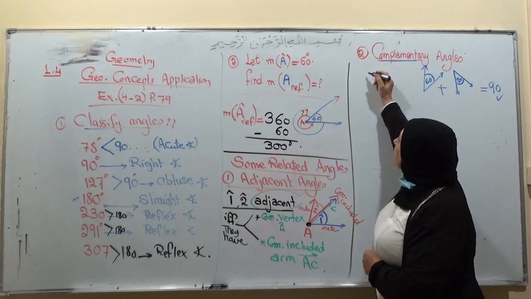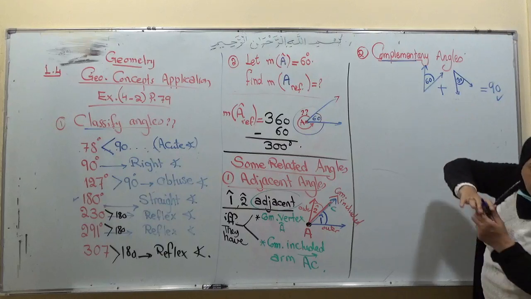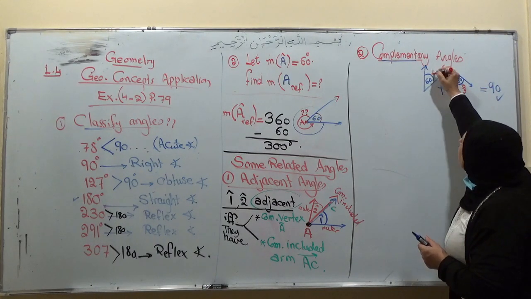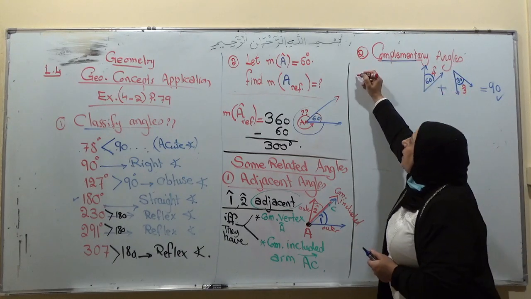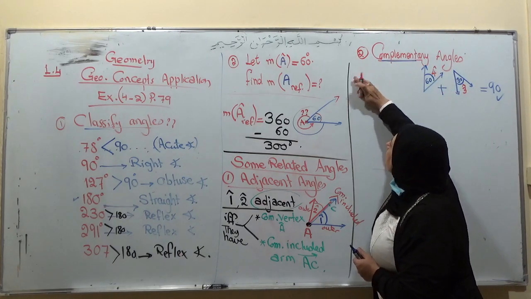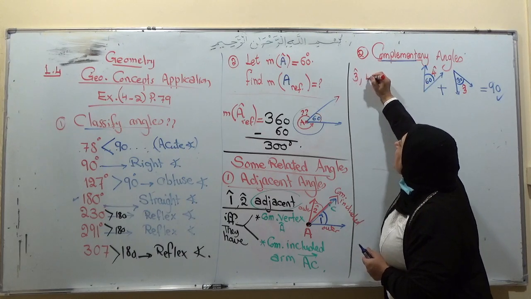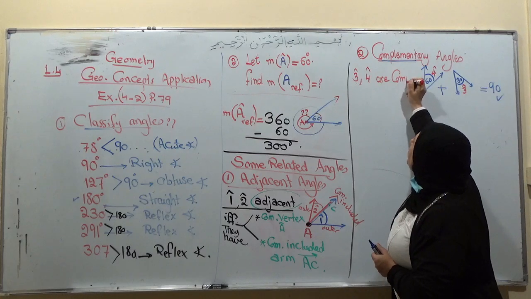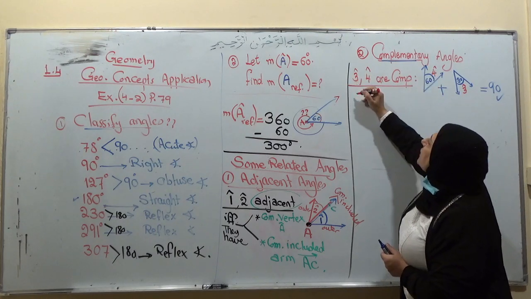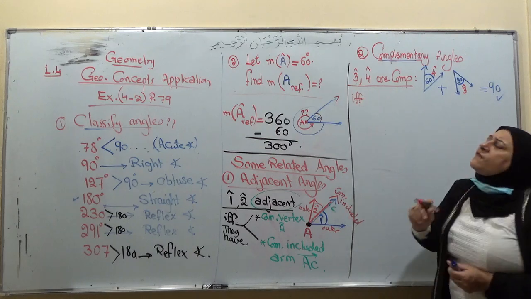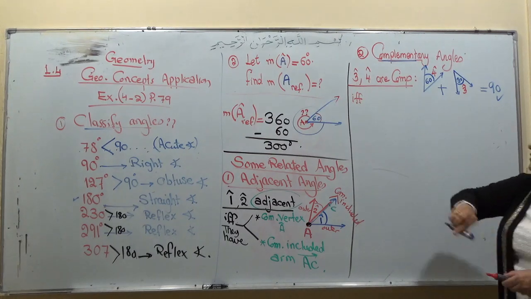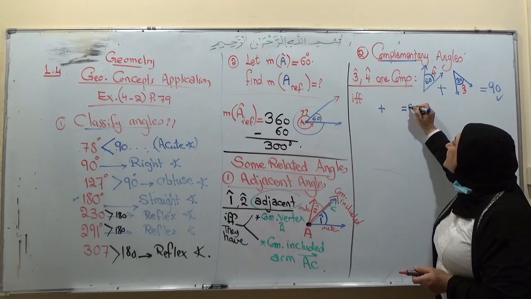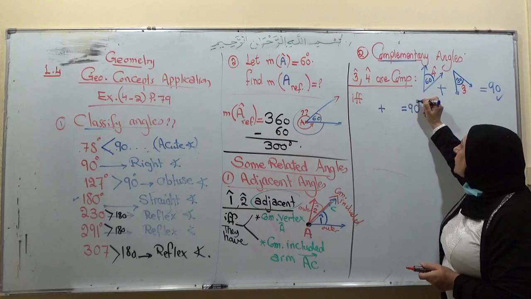So we can say that angle 3 and angle 4 are said to be complementary if and only if the sum of their measures is exactly 90 degrees.